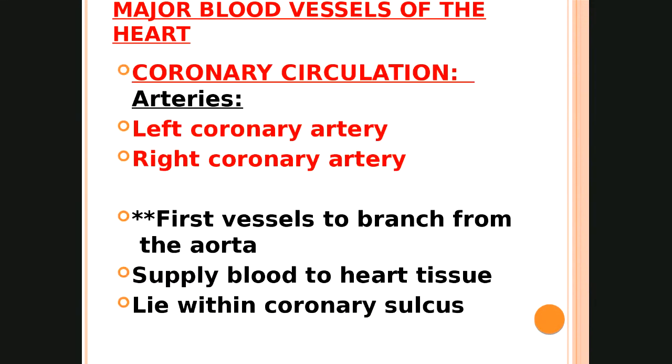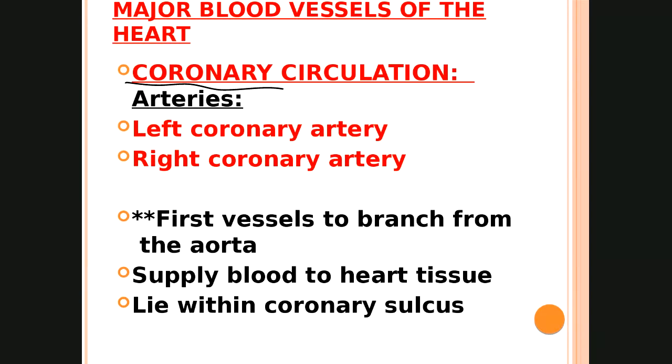Now, even though the heart is pumping blood through the chambers and blood is circulating in these chambers, that blood is not feeding the heart tissue. It's not feeding the myocardium. So the heart tissue needs its own blood vessels to feed it. This is what we call the coronary blood vessels.